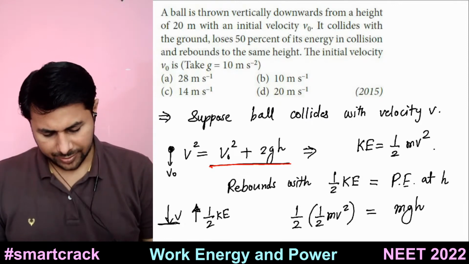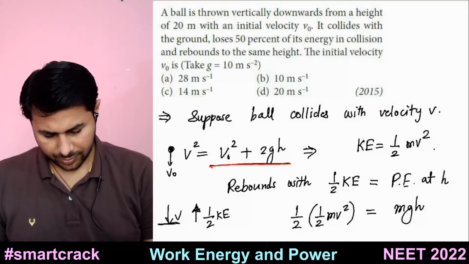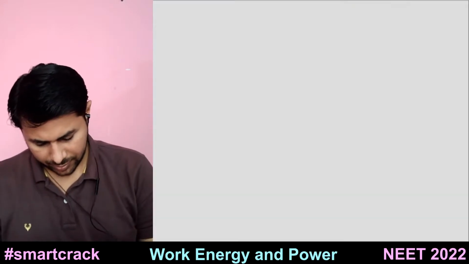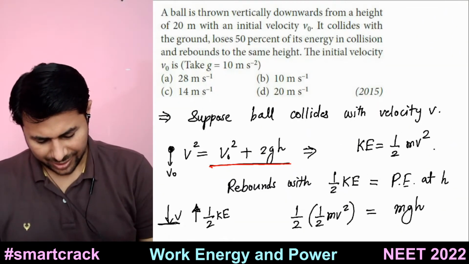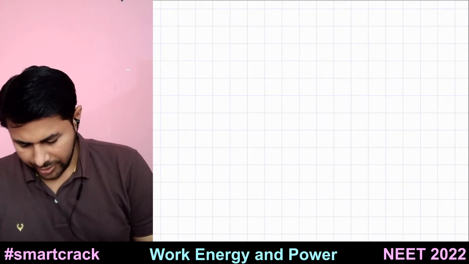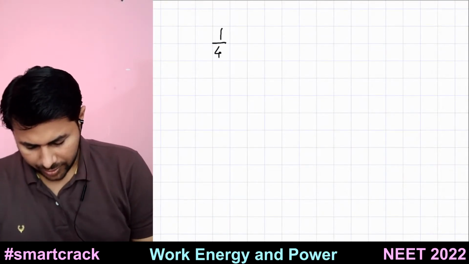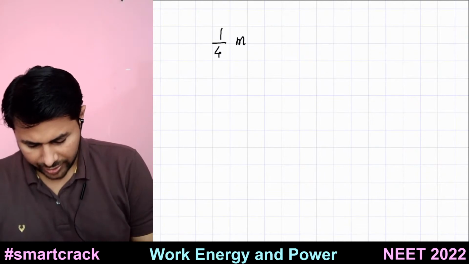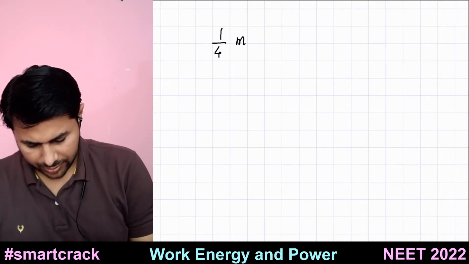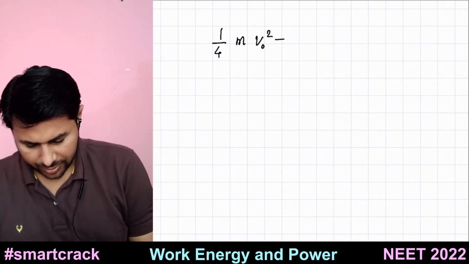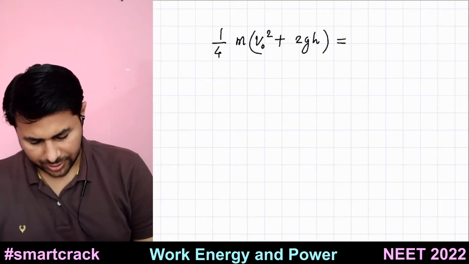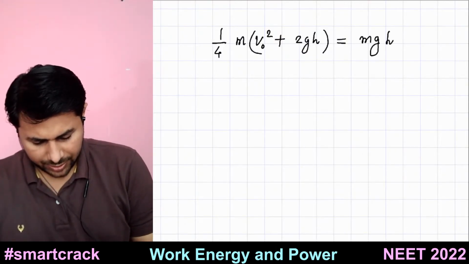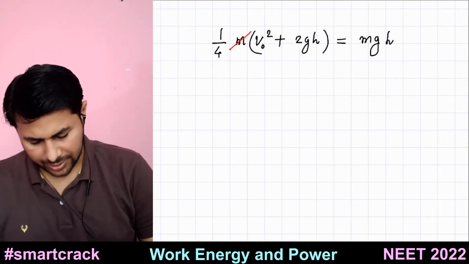Let's substitute that. So half of half is 1/4. So we have 1/4 of m into v square, which is v naught square plus 2gh, equals what? mgh, so m gets cancelled out.